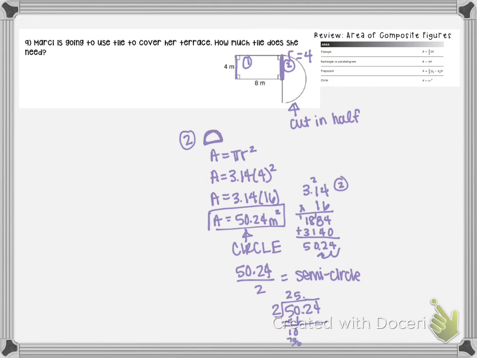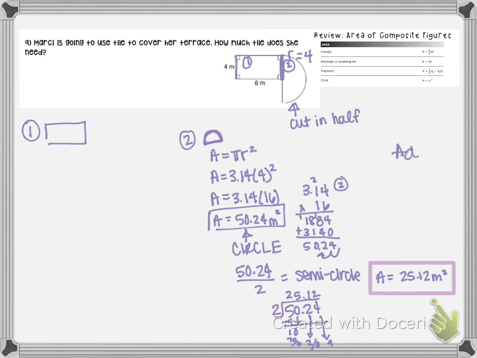I ran out of room. Then it goes into 2 1 time, and that equals 0. Bring your 4 down, and it goes into 4 2 times. So your semicircle area equals 25.12 meters squared. So I just cut my circle area in half. Okay, so you still need to do your rectangle area, and then you need to add.